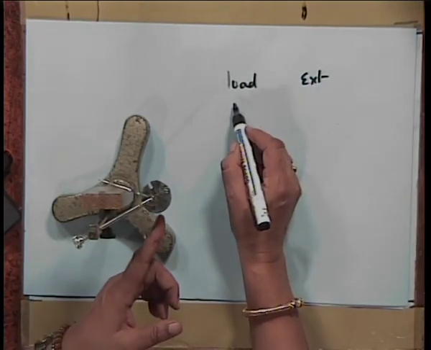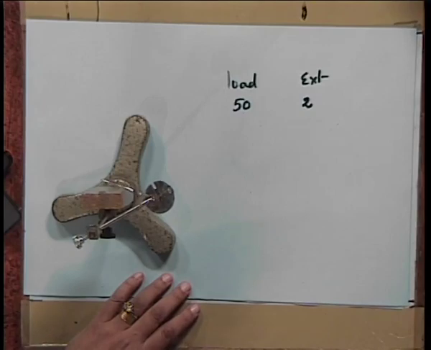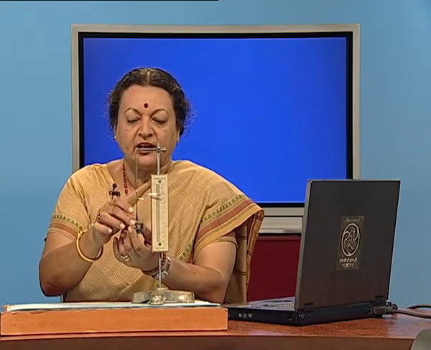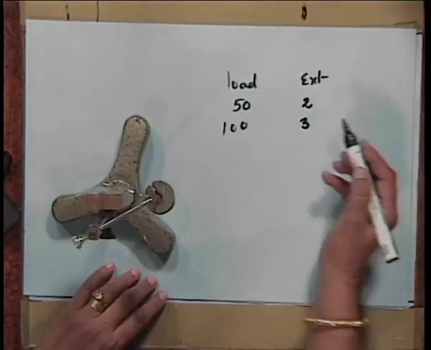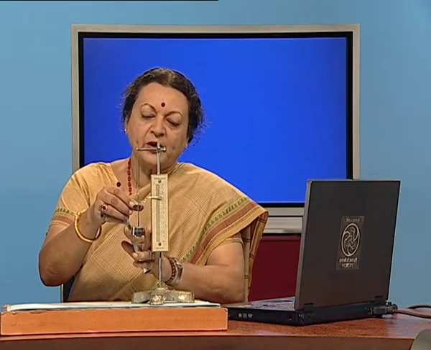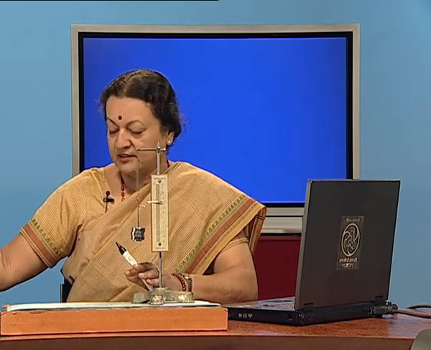So, the load I have here is 50 grams. And the reading, if you can read well, is 2. I can take another weight, make the total weight 100, stretching the spring, and this 100 is giving me a value of 3 as read off from the scale attached to the spring. Adding more weights, as you can guess rightly, is going to extend it.